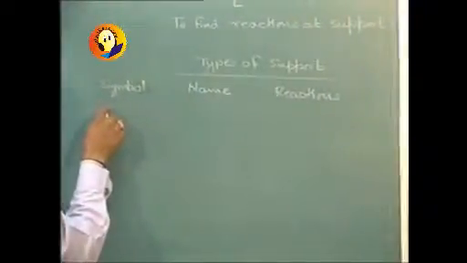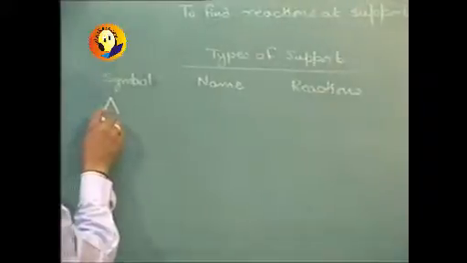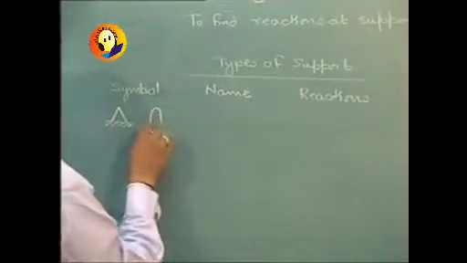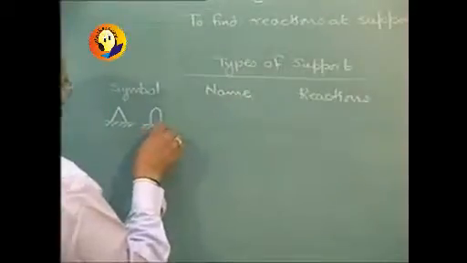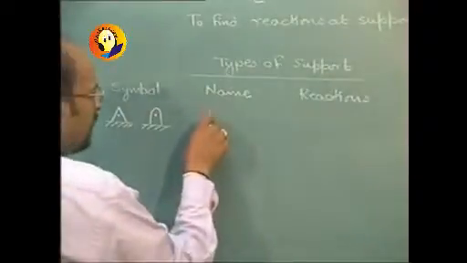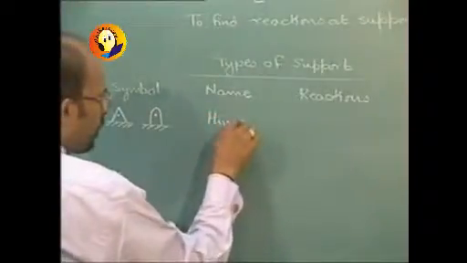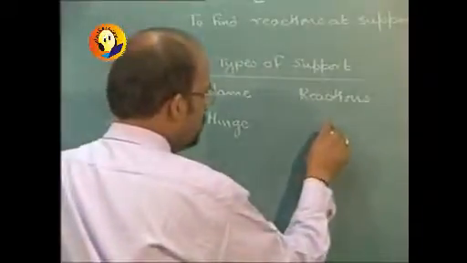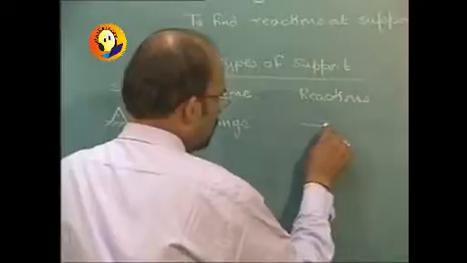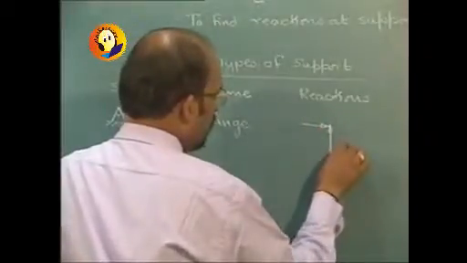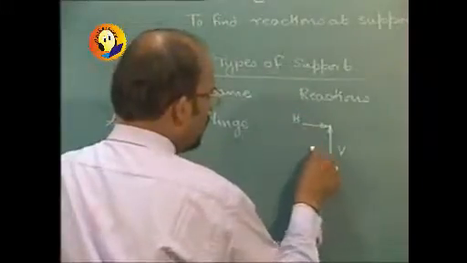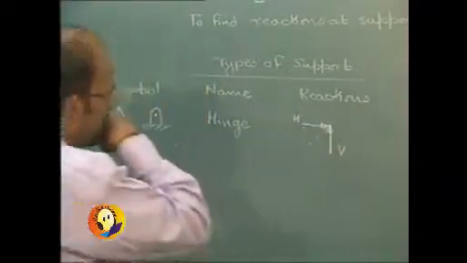The first symbol is either like this, or sometimes it is shown like this. It is called the hinge support, and the reactions which will be produced are horizontal and vertical reactions. So you have a vertical force, a horizontal force. In general, their resultant could be in any direction.